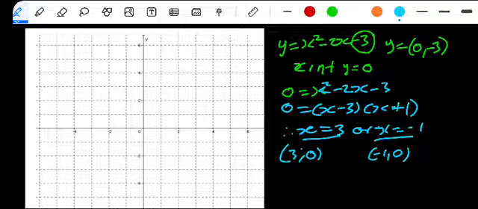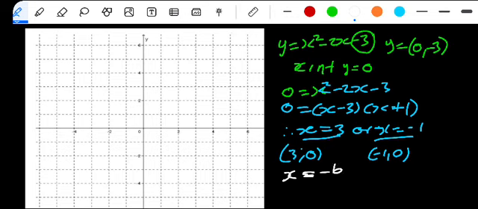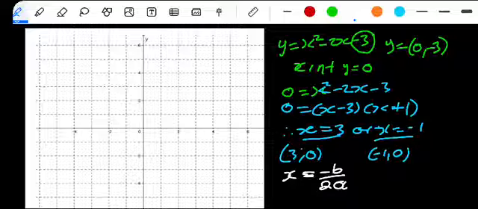But we must also have the turning point. Remember, it's a parabola. To calculate the turning point, x must equal minus b over 2a. This is the formula for the turning point.